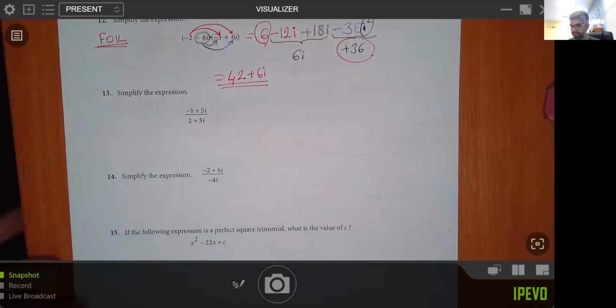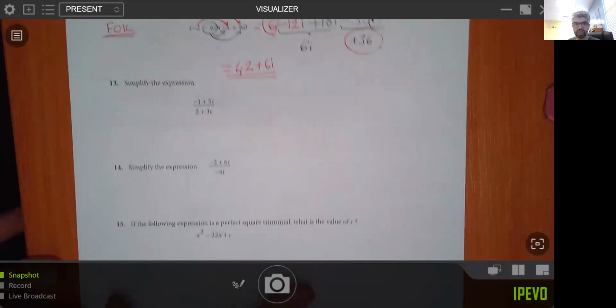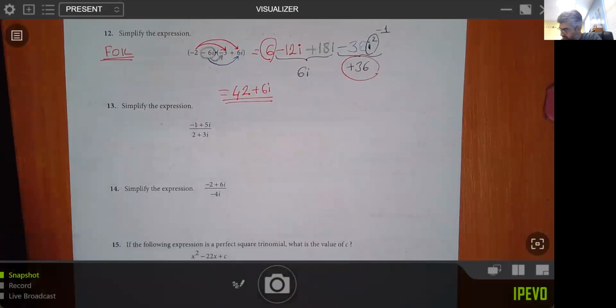Number 13. This is nice. Number 13 and number 14, we are going to use the same method. How do we simplify the expression when we have a rational expression with complex numbers?